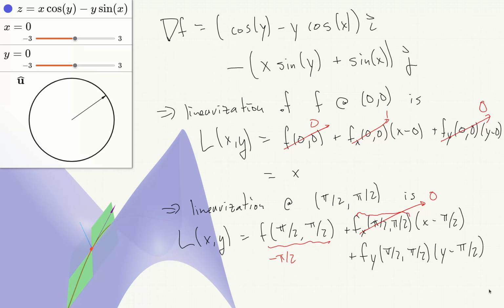So that'll be, I guess, this will be negative pi over 2 plus 1. Yes, that looks right. So linearization, maybe I'll clean up some of this.